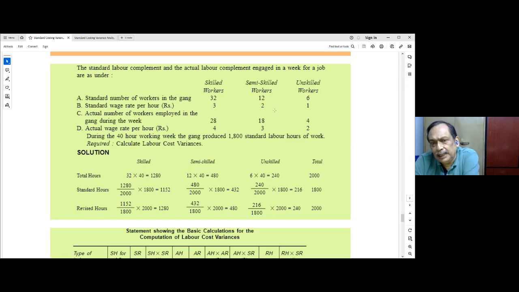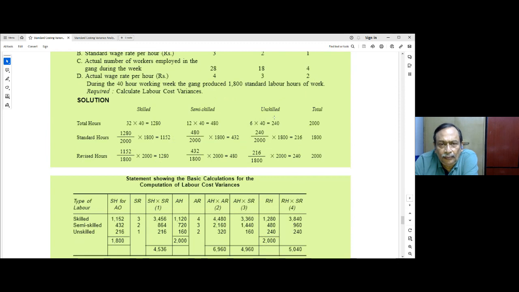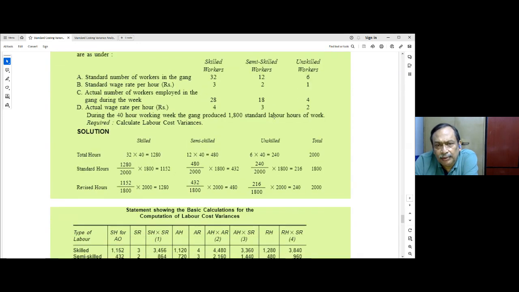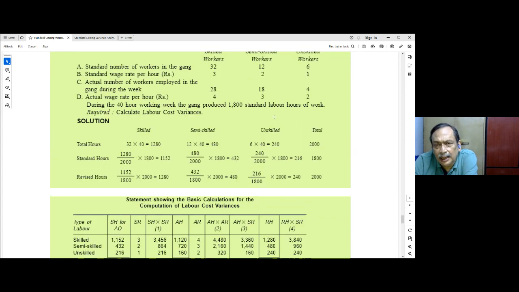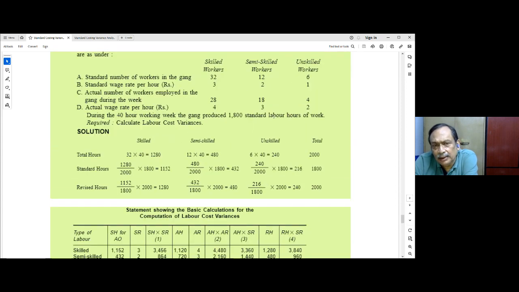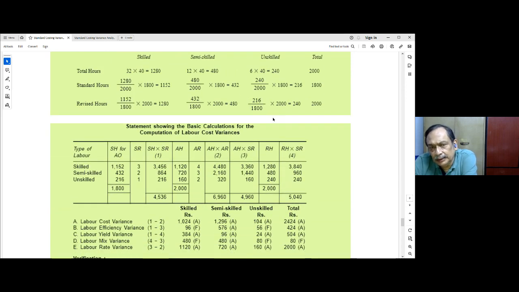So once this basic calculation is done, then we are going to have the computation of various labor variances. And remember here, idle time is not there. Hence, our statement showing the basic calculations for the computation of labor cost variances will be restricted to 10 columns.